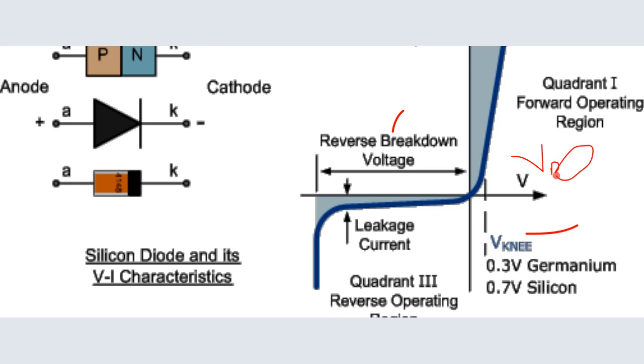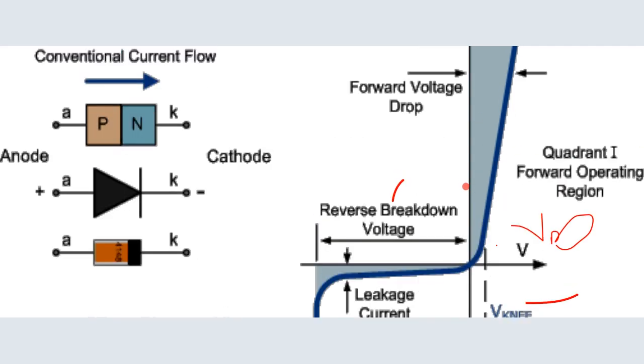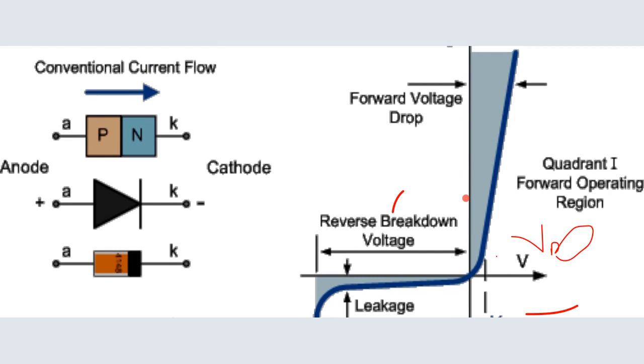Now, once the VB is overcome, we expect that the flow of current in the forward region will increase instantly with very little increase in voltage.